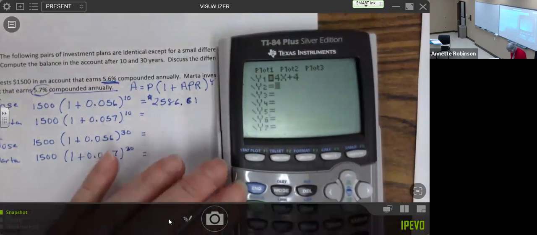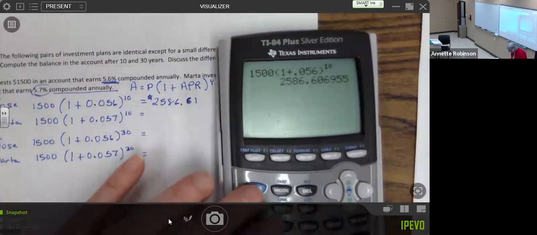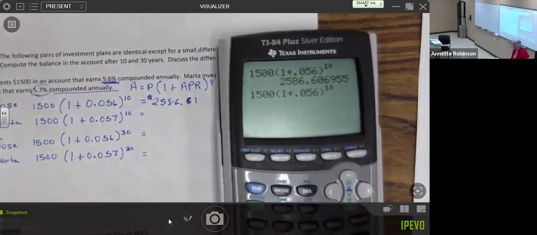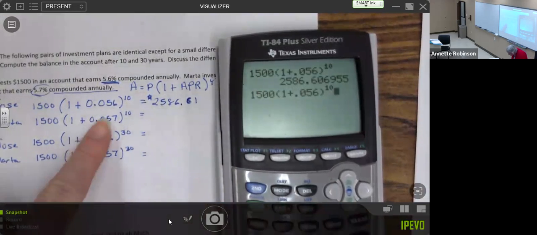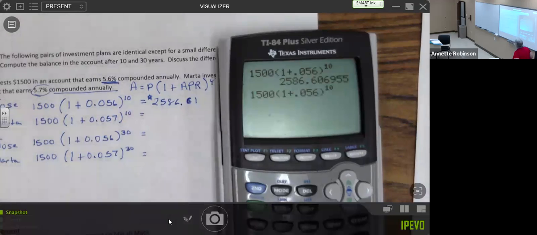Oops. Second and enter. 0.21. Square. Oh, wait. I know where I'm looking. Okay. I was wrong. All right.